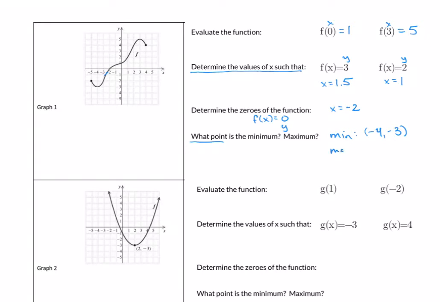Similarly for our max, where is our maximum point? Our maximum point is right here. We want to know what are the coordinates. So to get there, we're going to go 3 to the right and 5 up. So this is going to be 3, 5.